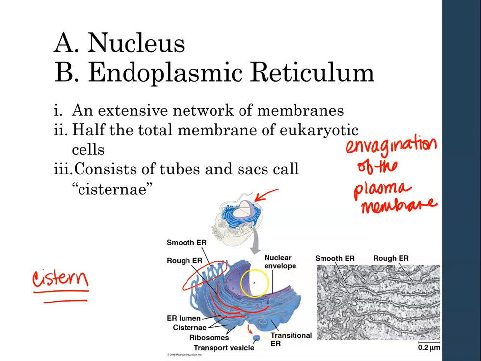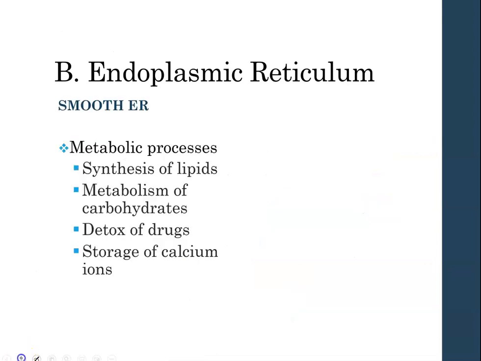So these are sacs or tubes, not jars, that hold cellular products. For example, we might make a messenger RNA in our nucleus, and it's going to come out and into the endoplasmic reticulum, into one of these sacs where it can be made into a protein. And then it can be transported through, by basically transfer through the membrane of the endoplasmic reticulum. There are two types of endoplasmic reticulum.